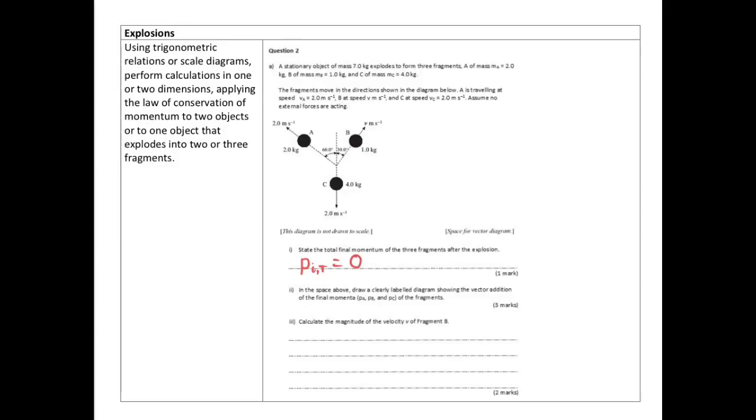And we know from the law of conservation of momentum that the total initial momentum must be equal to the total final momentum, which must be also equal to 0.